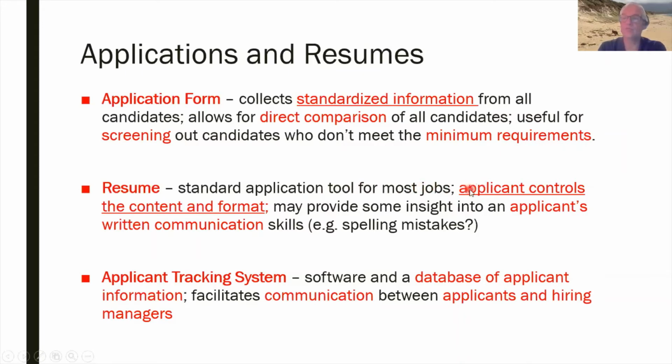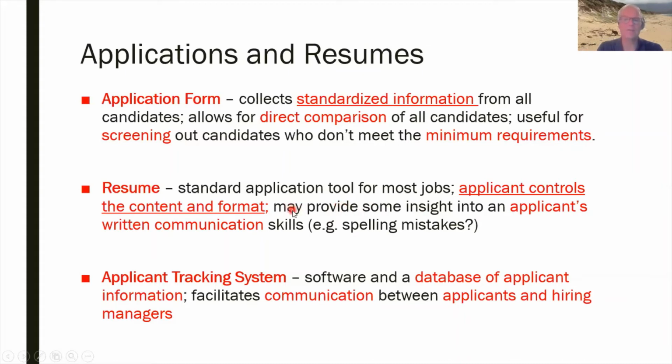Once you've been out in the work world for a while and you're competing for jobs where everybody has the degree or diploma, you might want to lead with your work experience, right? So you control the format with the resume, and the job seeker puts things on it in a way that makes them look a little bit better.